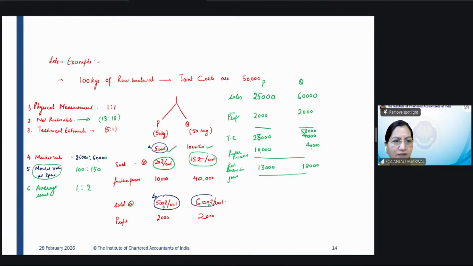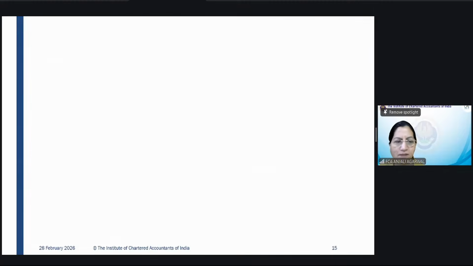Then you have market value after split off or after further processing, which is 5,000 rupees into 5 and 6,000 rupees into 10, or market value at split off, which is 20 into 5 and 15 into 10, or the average unit method, 1:2, and so on. Only one method, contribution margin, is not here because I have not bifurcated 50,000 into fixed and variable costs. Okay, so hope this is clear. Now we're ready to take up some questions.